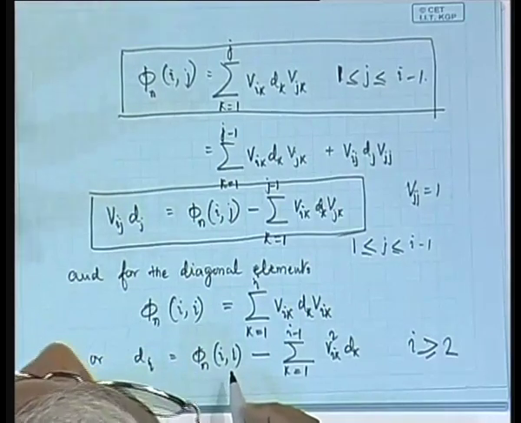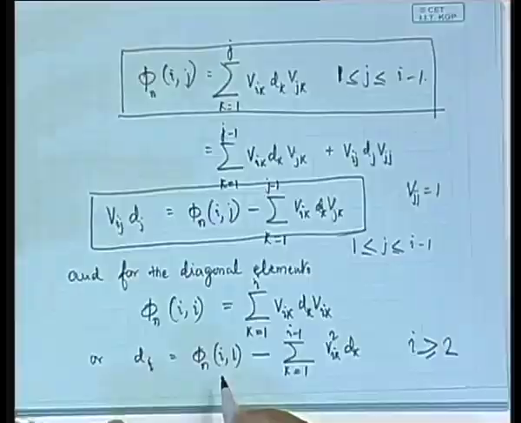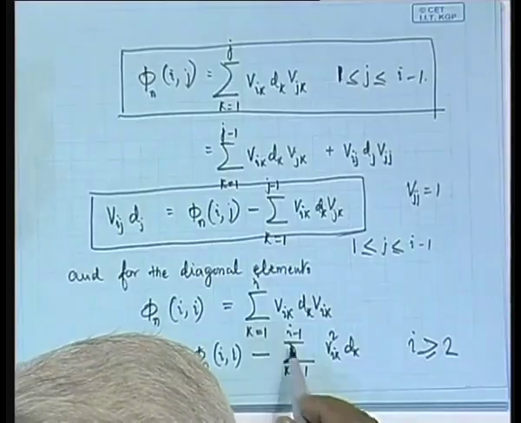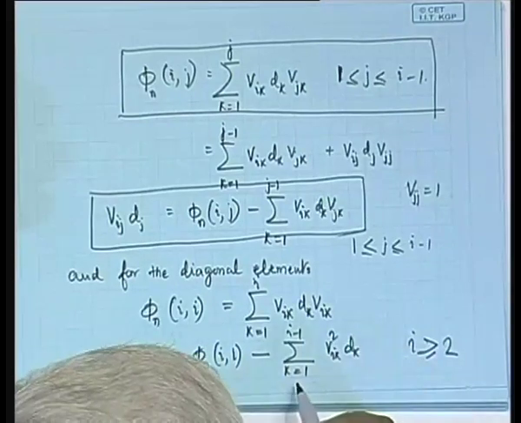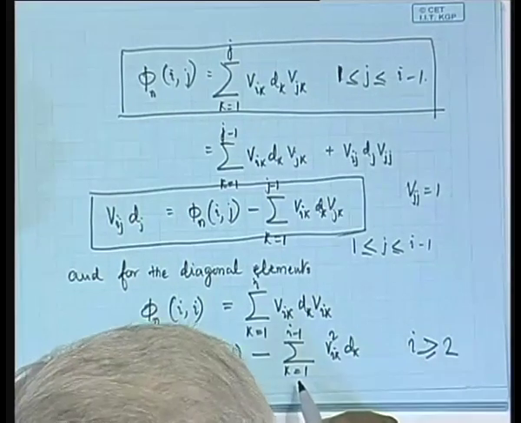Now phi n 2 2 is something that we can compute, because we are going to compute the correlation values anyway. So phi n 2 2 will be determined from our speech samples, and this minus summation k is equal to 1 to 1. Whenever we are putting I is equal to 2, it is only one term that results.